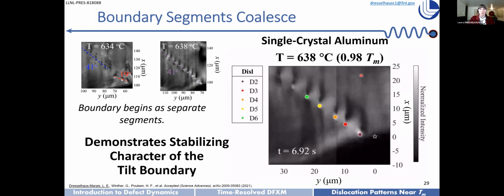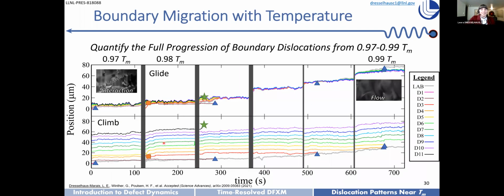So now we can go back to our roadmap and say that, yes, from this dislocation insertion, this interaction regime is still characteristic of classical dislocation dynamics. But now we can go to the next question and ask ourselves, what exactly is happening in this flow regime?